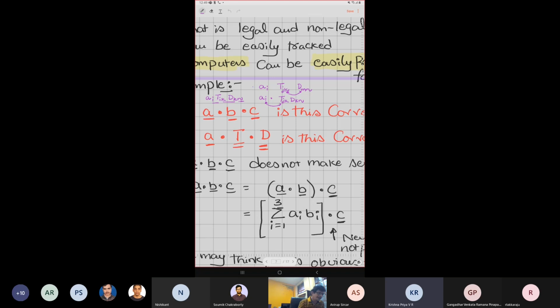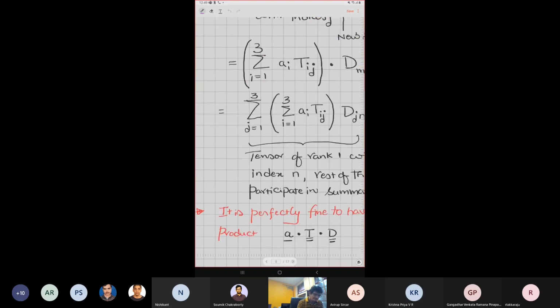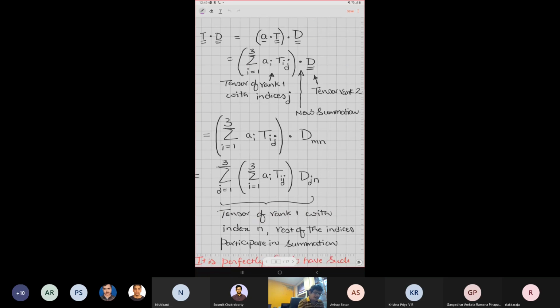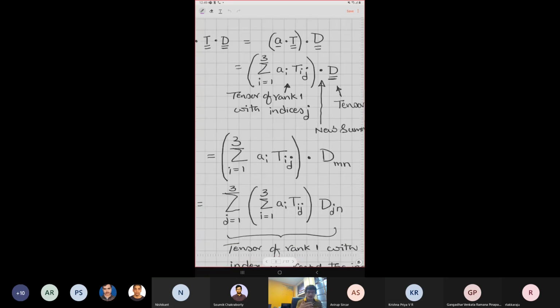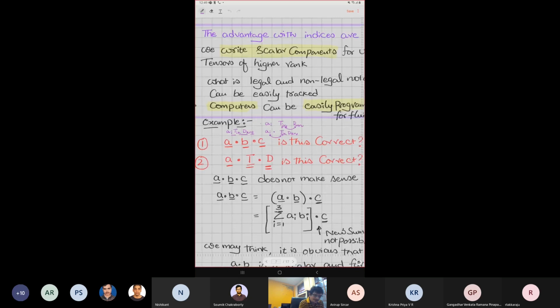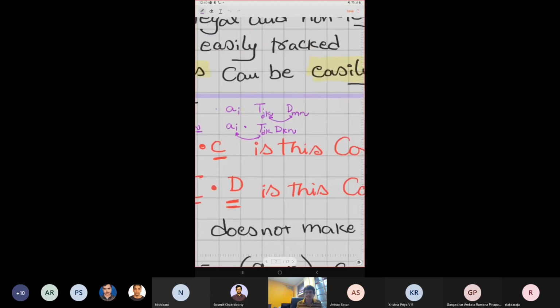Yes. Perfect. So let us look at that carefully. So the A dot T dot D. First, if I would like to do A, T: A_i T_ij. Now I'm showing you a second way. The earlier one is we tried to condense first the tensors of rank 2, then we went ahead with condensation of the vector.